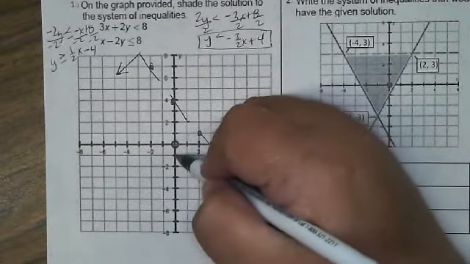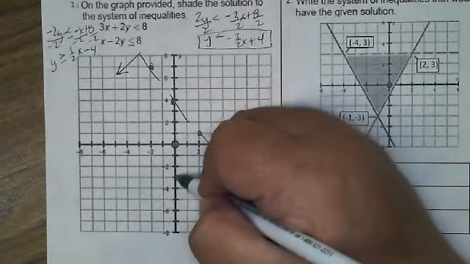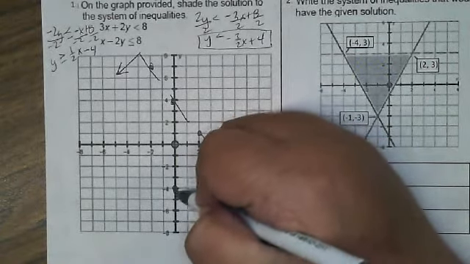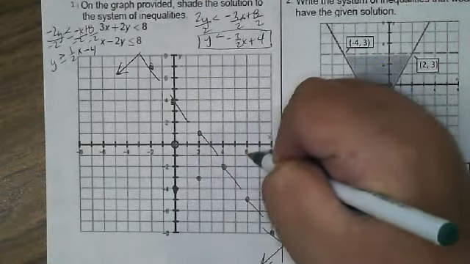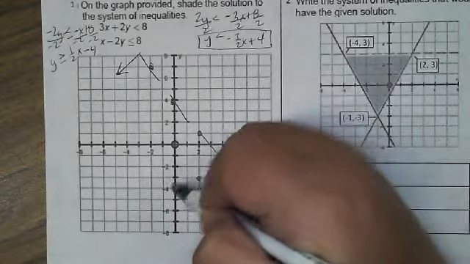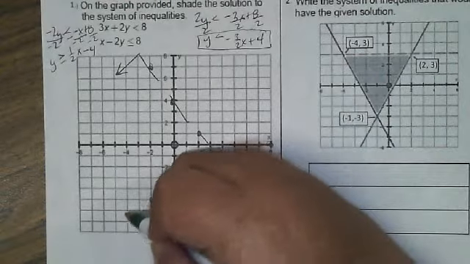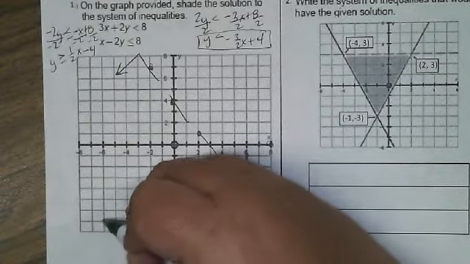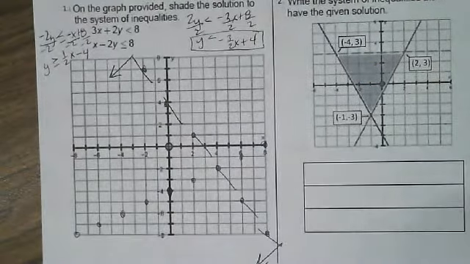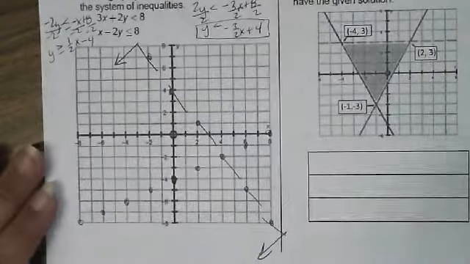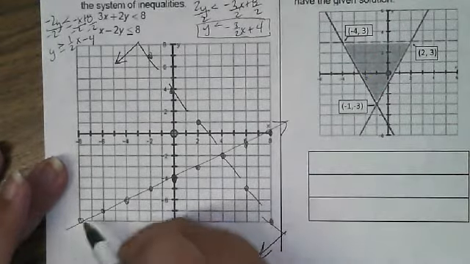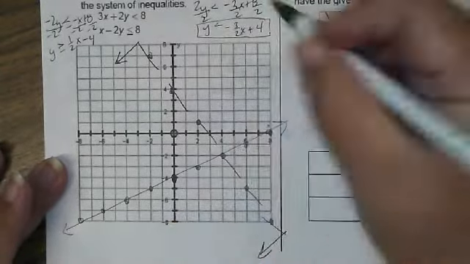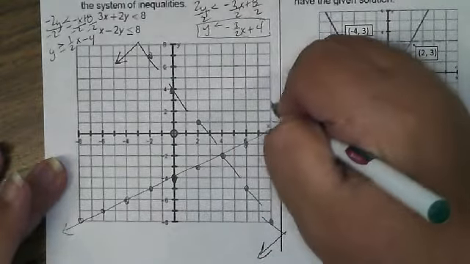We'll start graphing that. 1, 2, 3, 4. And then we're going up 1 over 2, or down 1 over 2. And this will be a solid line this time. We'll draw all the way across. Solid. Oh, and because it's greater, we're shading above.